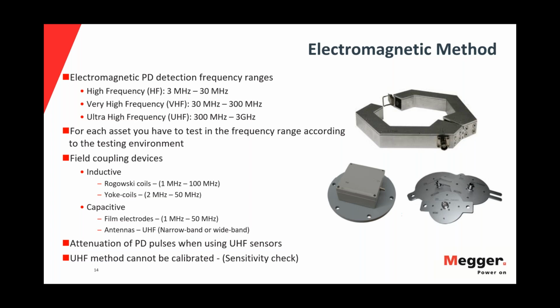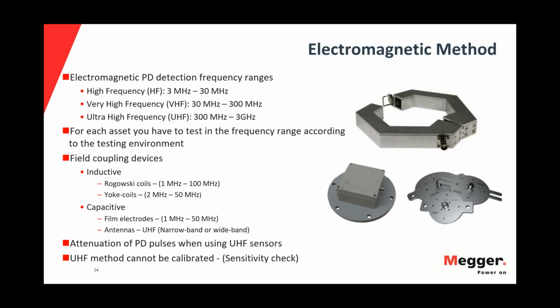For example, electromagnetic PD detection has various frequency ranges: high frequency between 3 and 30 megahertz, very high frequency between 30 and 300 megahertz, and ultra high frequency, UHF, between 300 megahertz and 3 gigahertz.